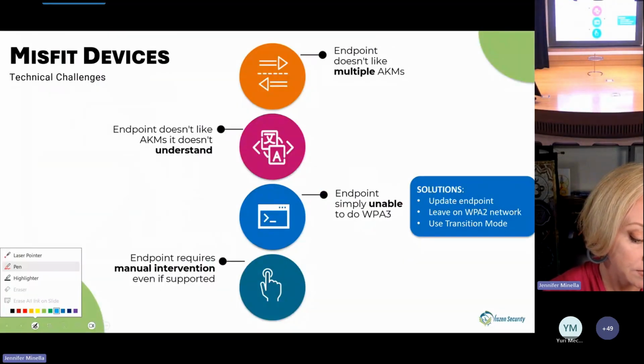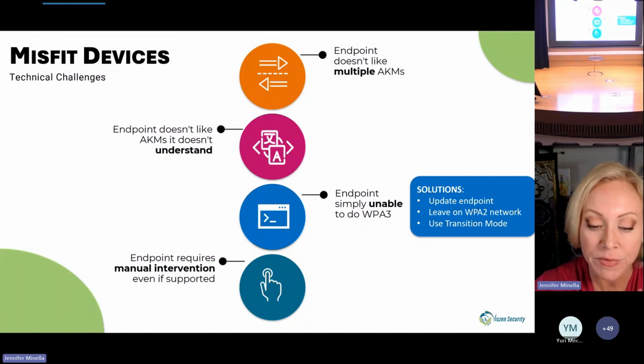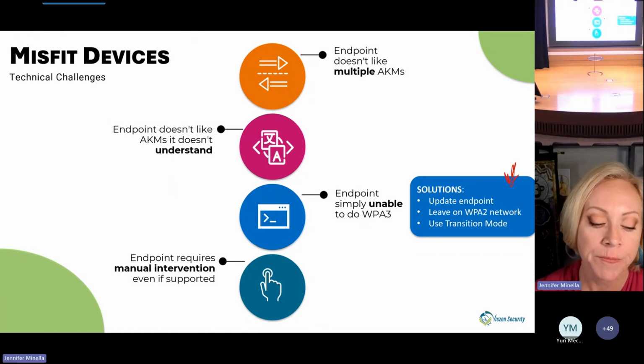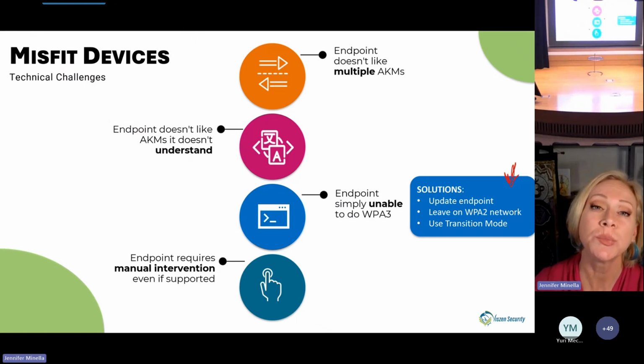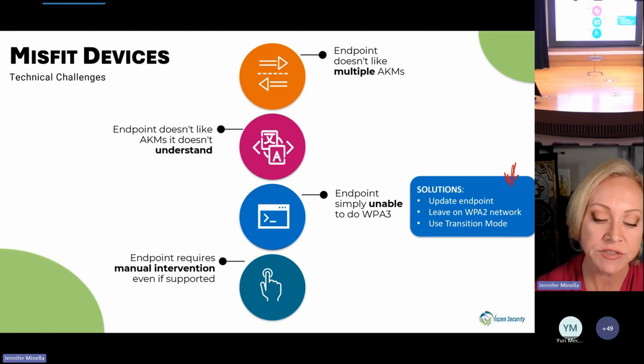We can probably just update the endpoint. Now, obviously, back to that whole thing of if the endpoint supports 802.1x, it's one of those therefores. If an endpoint supports 802.1x, it probably is being managed and you can update it. So probably updating the endpoint is going to work well for you.